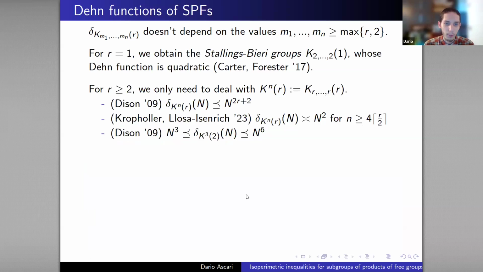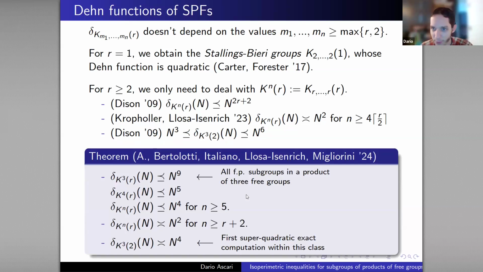Sorry, this is a mistake in making the slides. Just as I said before, this in particular is a result about all finitely presented subgroups in a product of 3 free groups. And I also point out that this is the first super quadratic exact computation of a Dehn function for groups in this class.